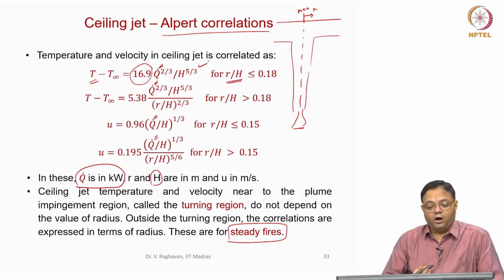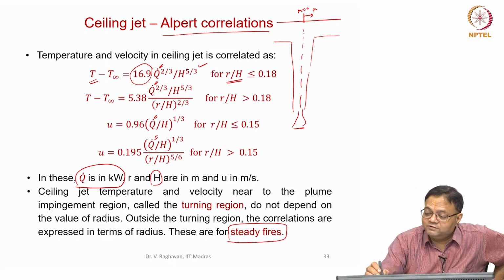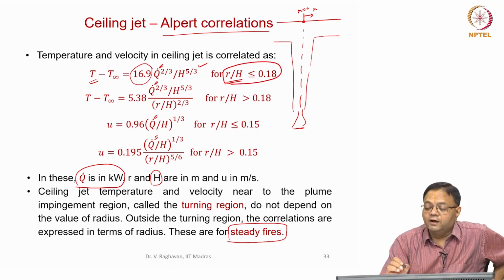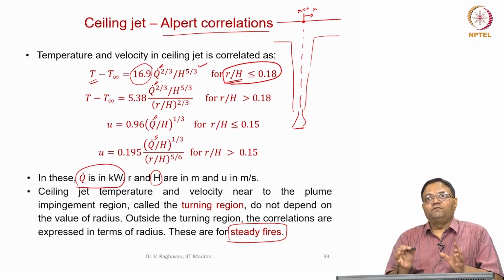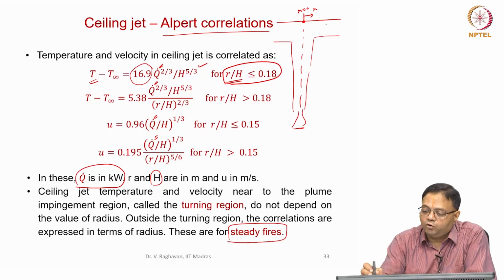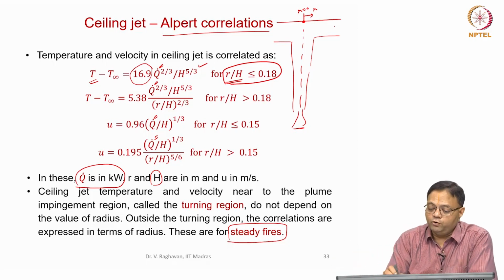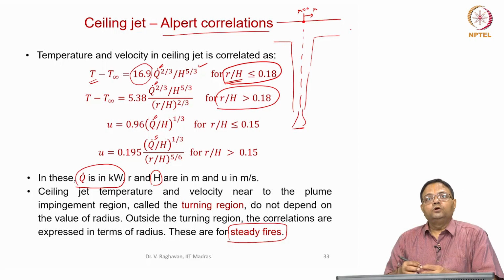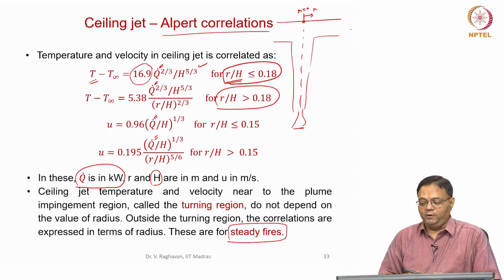Why? Because the plume has just hit here, and this first radius location is in a region where the impingement also plays a role. But when you exceed this radius, r greater than 0.18 H, the plume influence will not come into play.